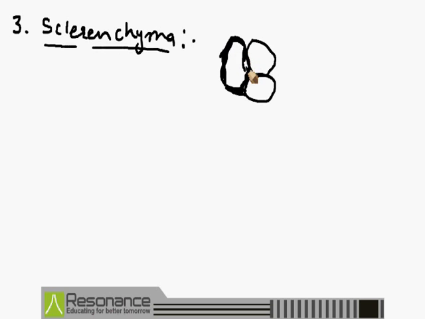A highly thick lignified cell wall is present in such plant cells. Such tissue is known as sclerenchymatous tissue, and cells are known as sclerenchymatous cells. This is also a mechanical tissue.